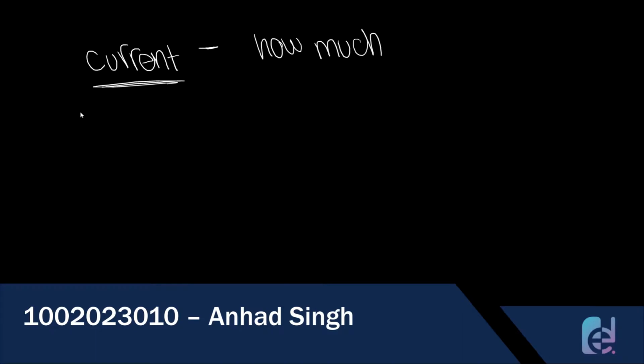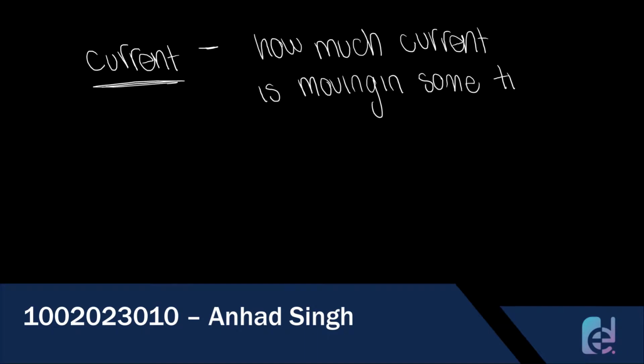We're going to have to define some terms. The first term is current. Current tells us how much charge is moving through a specific region in some amount of time. Not how much current, I mean how much charge is moving in some time.